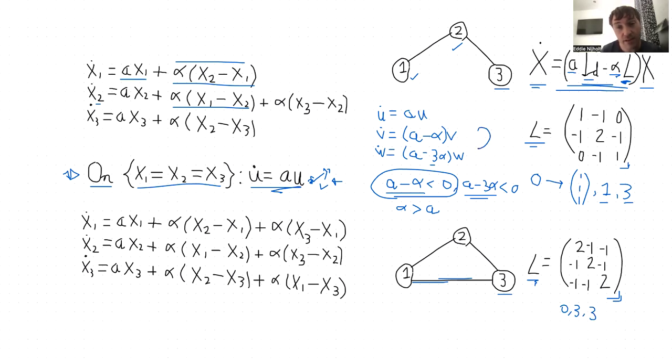But now instead of a minus alpha v, you get a minus 3 alpha v. So now the only thing you want is that a minus 3 alpha is smaller than 0. So now we find synchronization when a minus 3 alpha is smaller than 0, which of course translates to alpha has to be bigger than a over 3.